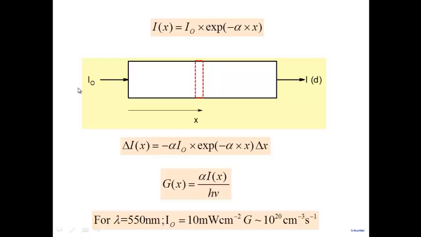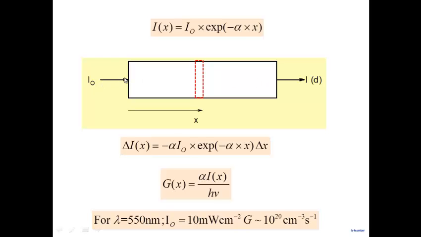So the idea is light intensity is coming in and decaying inside the semiconductor, which is described by the absorption coefficient. For each semiconductor, the absorption coefficient is a function of wavelength. We can measure it, and then once you have that, you can very easily calculate what the generation rate is. Another important point to keep in mind is that generation inside a semiconductor will normally be non-uniform, as you can see here.